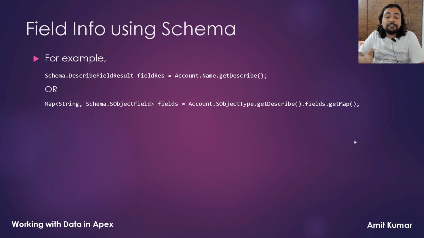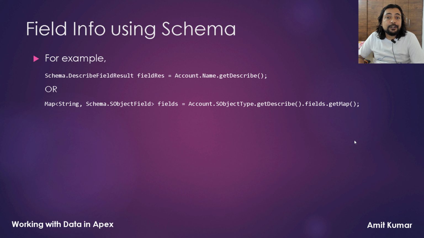Now if you remember, a few videos ago I told you about the fields property of DescribeSObjectResult. In the second piece of code, we are taking help of that property. First, we are mentioning Account.SObjectType to get the token of the Account object, and then we are calling the getDescribe method, which will give us the DescribeSObjectResult object, and then we are calling the fields property to get all the fields of it.